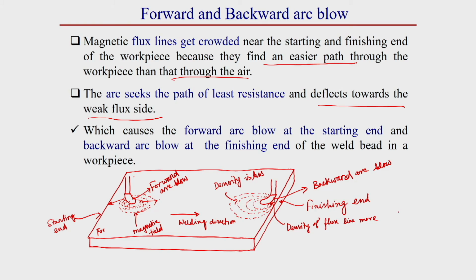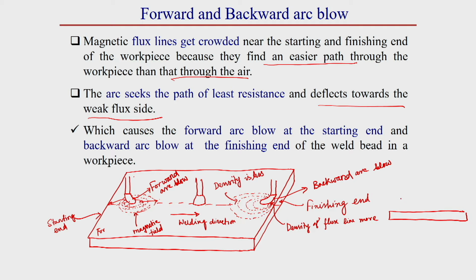So, if we see the side view of these things, what we observe, generally in the middle region of this weld we will get a stable steady arc. That means apart from the start and end regions, in between we get a stable arc, or you can say a non-deflected arc.